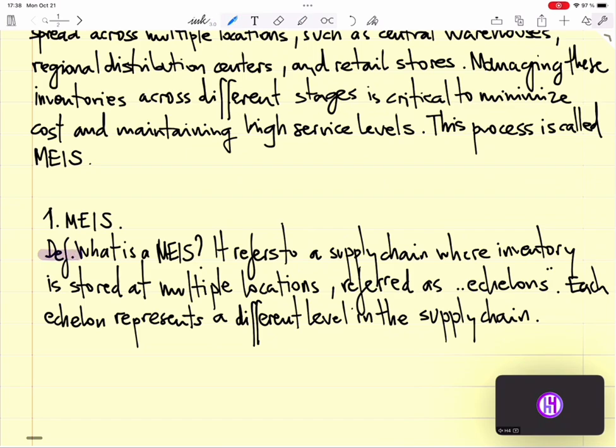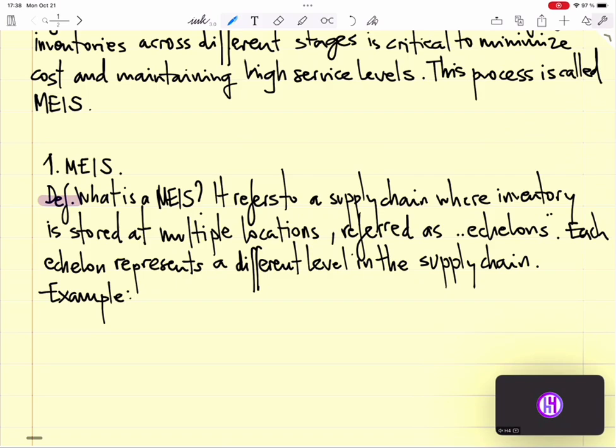Example. We can have a retailer. Imagine we're selling beer.